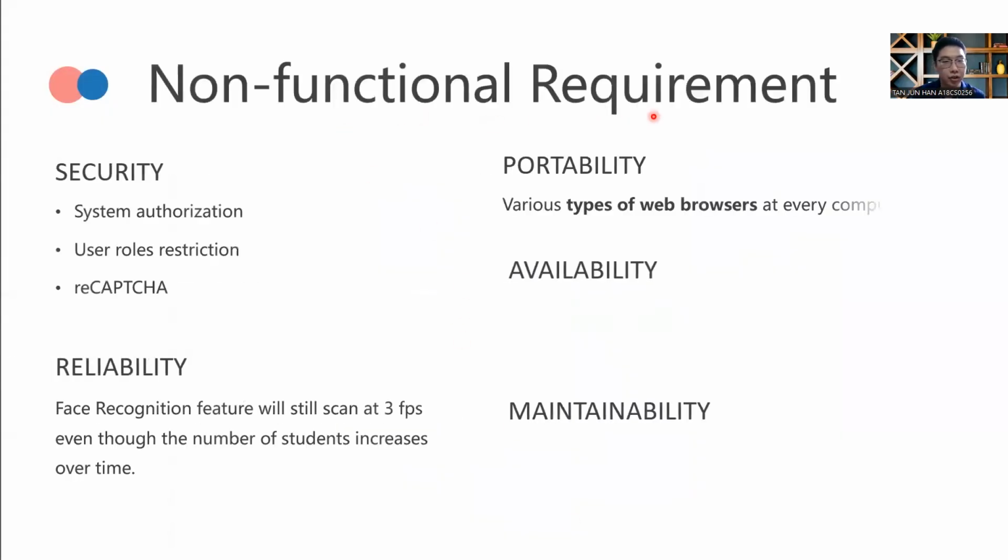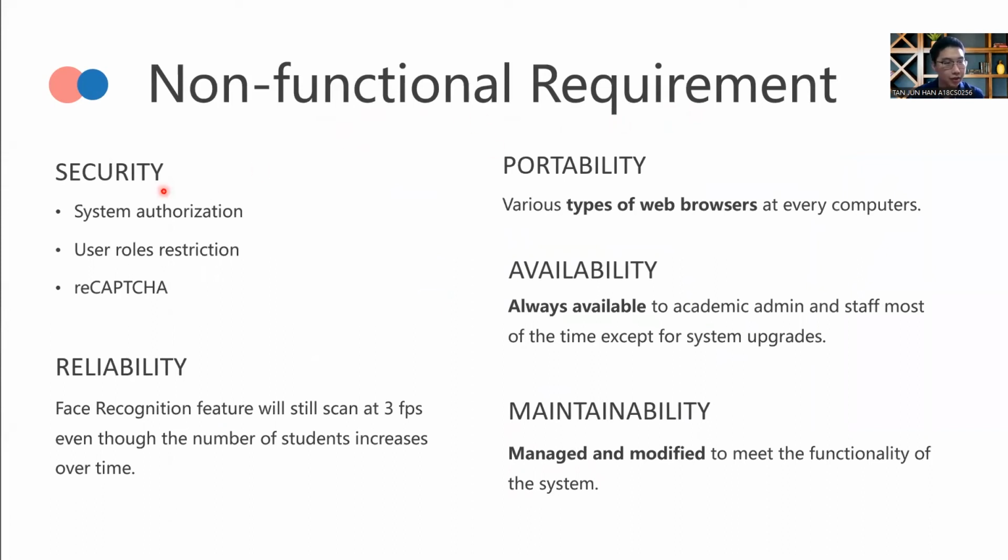Inside non-functional requirement, there are several securities inside FRAS, which is system authorization, user roles restriction, where academic admin will be logged into the academic admin dashboard only and not the staff dashboard. The login also uses reCAPTCHA to further prevent any attacks.